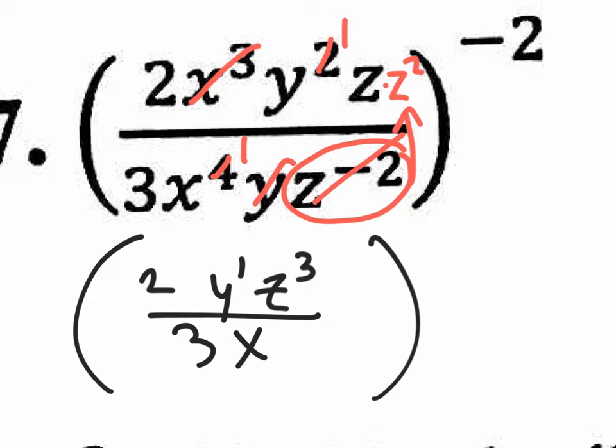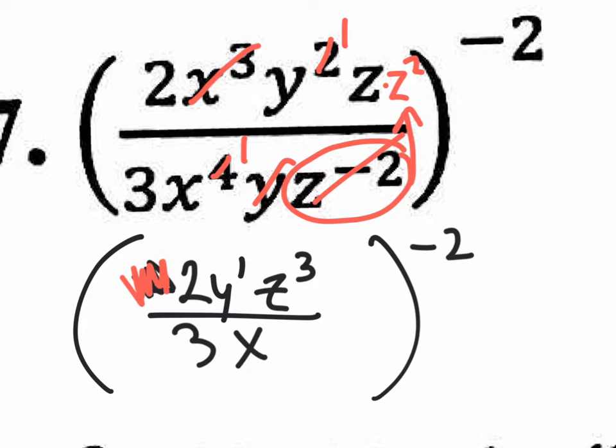So here's our, that 2 came out weird. Let me scratch that out, put a bigger 2 right there. There you go. So forget about this right here. Okay, so we have 2y to the 1, z to the third, over 3x, and we still have to the negative 2 power on the outside. Now, one option is to distribute the negative 2 to each and every term.